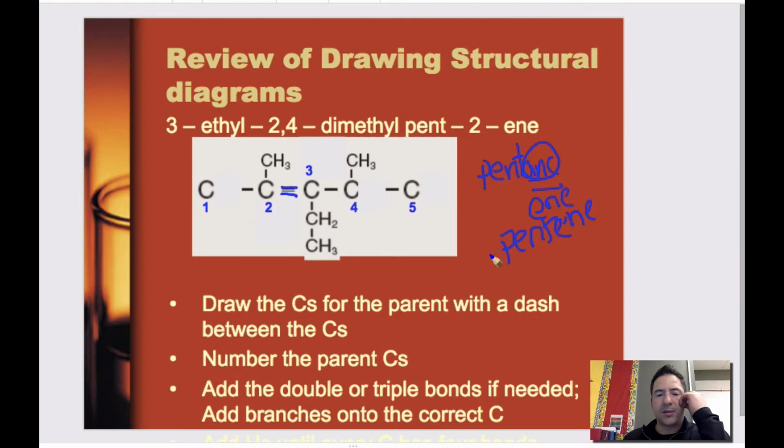Okay, but after which carbon is the bond located? So the bond is located here after the second carbon. So this would be 2-pentene. If you take a look up here, we're not going to add the branches in, but the branches would be listed first. But in this case, the pentene, notice that it's also written up here, pent-2-ene, can be written that way as well if you'd like.